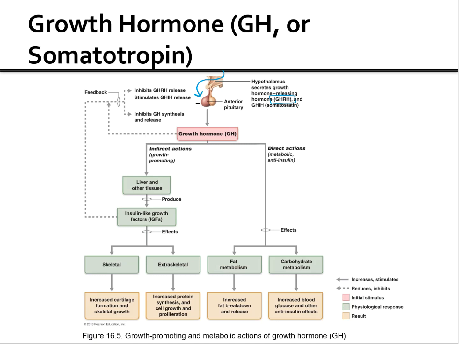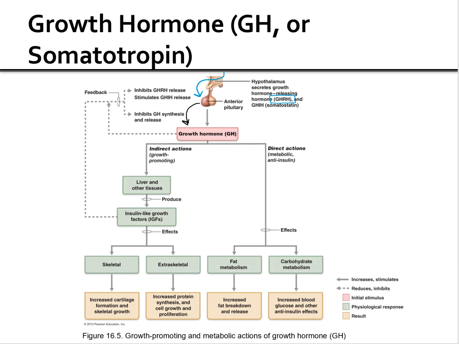The anterior pituitary then releases growth hormone. Growth hormone has 2 major pathways in which it acts. The one that we think about when we think about growth hormone is growth, right? We think about growth spurts, the skeletal system, and we might think about muscle growth.